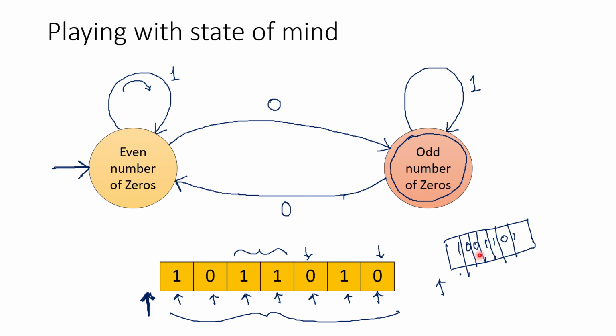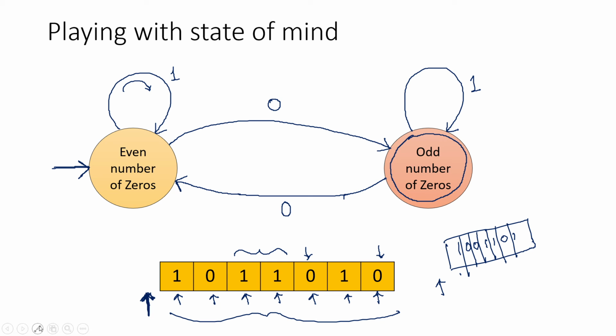Now, after reading these two zeros, because of these two 1s, your state of mind is not changing. So your state will remain in this even number of zeros. And on reading this 0 again, you will come into this state, and you have an odd number of zeros.